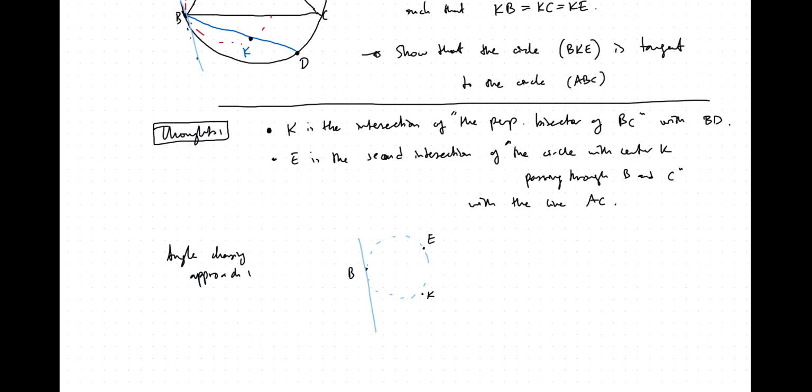You should look at the angle between this line, the line that is to be proven tangent, and what else? BK or BE. In this case, you should prove that this angle is equal to this angle. The other alternative is to prove that this is equal to this. These are the angle chasing approaches.